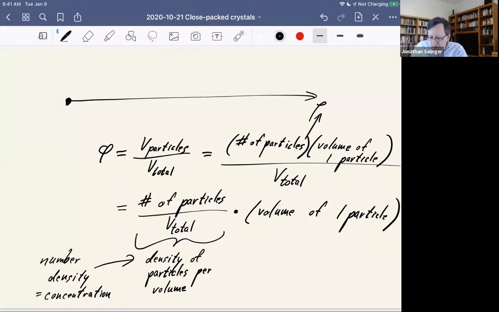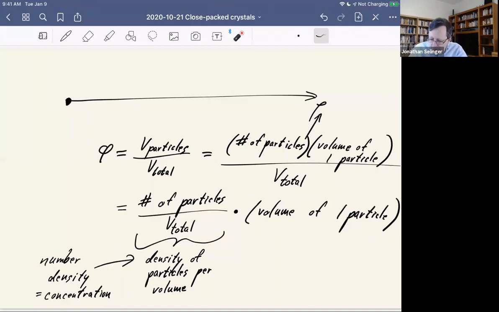So if I want, I could express the phase diagram in terms of this phi instead of in terms of this density of particles per volume. Those are two equivalent representations, which are just related by this factor, which is the volume of one particle.